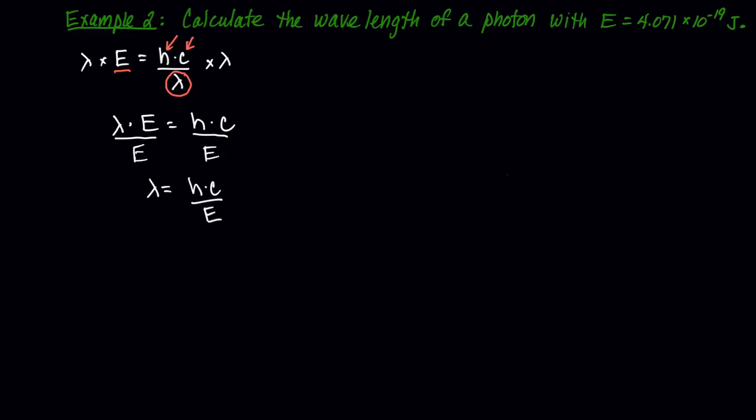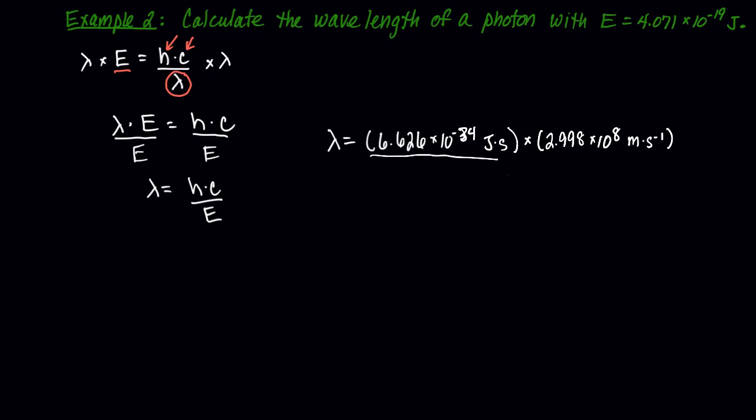Now we can put in our known variables. Lambda is equal to Planck's constant, which is 6.626 times 10 to the minus 34th joules seconds, multiplied by the speed of light, which again is 2.998 times 10 to the 8th meters per second.